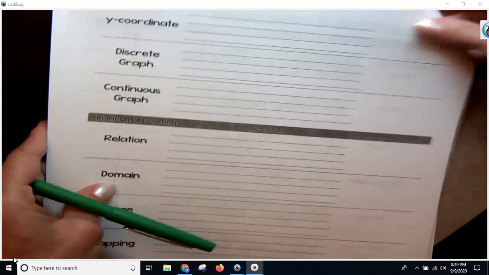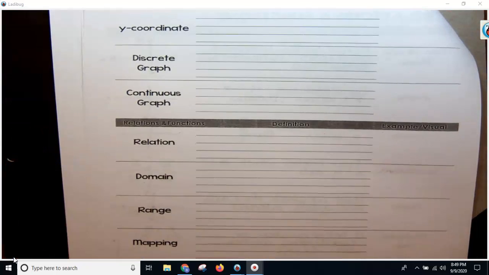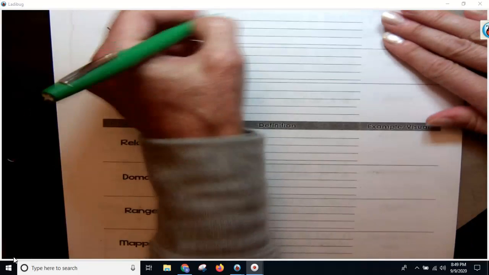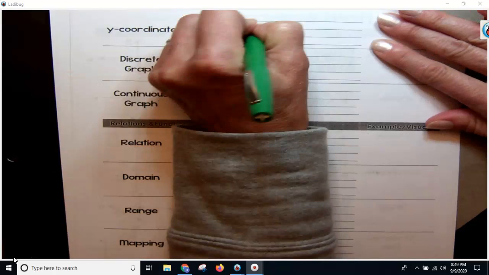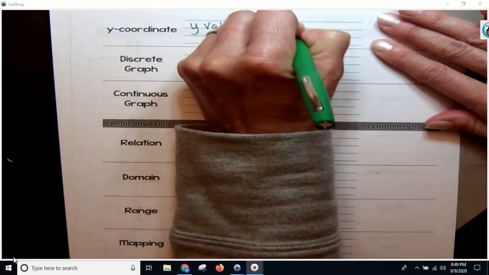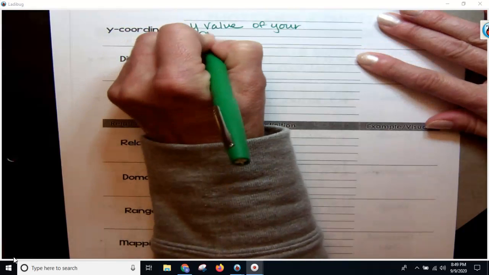Your y coordinate is basically the y value. All right, so this is going to be your y value of your ordered pair.